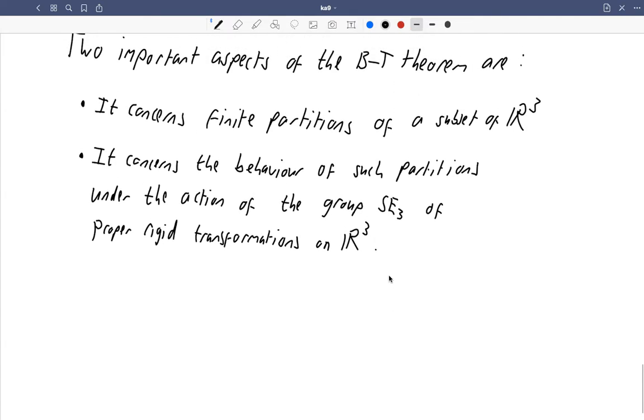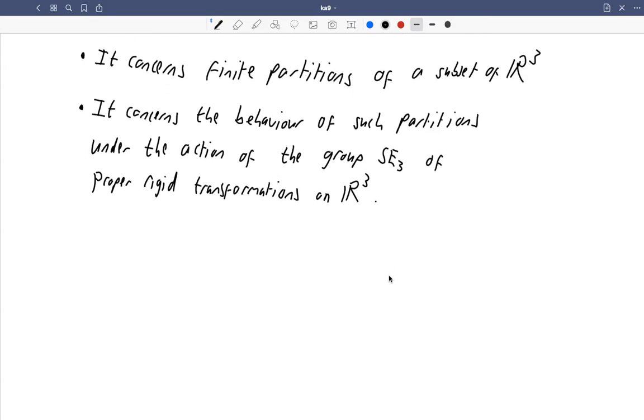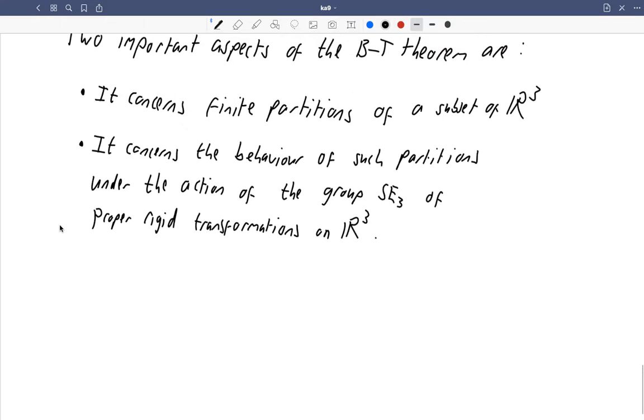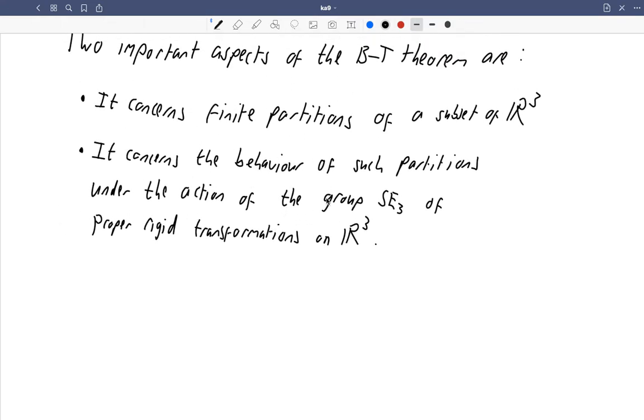So these are two important aspects, and we're going to begin by actually considering this idea of partitioning a subset of some space and subjecting the partition to the action of a group. We're just going to look at this at a much more general level than this particular group on three-dimensional space, that's at the level of generality of an arbitrary group action.